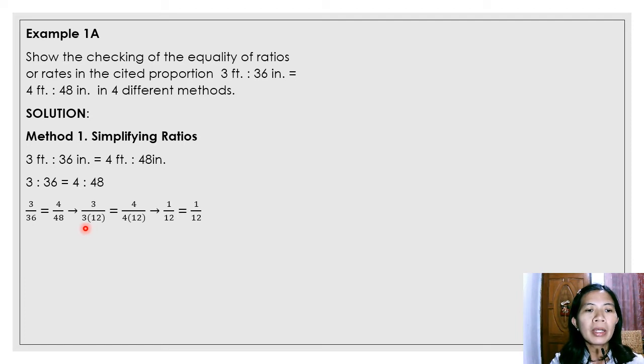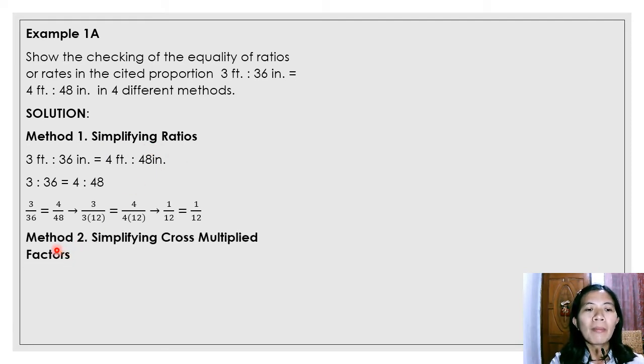The factors of 36 are 3 times 12, and the factors of 48 are 4 times 12. After taking the factors, we simplify by reducing to lowest terms. 3 divided by 3 is 1, so it will be 1 over 12. And 4 divided by 4 is 1, so we have 1 over 12. So 1 over 12 is equal to 1 over 12. They are equal, so we simplified the ratio.